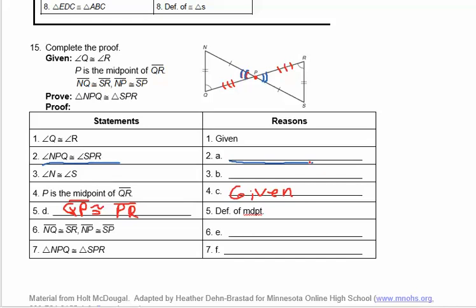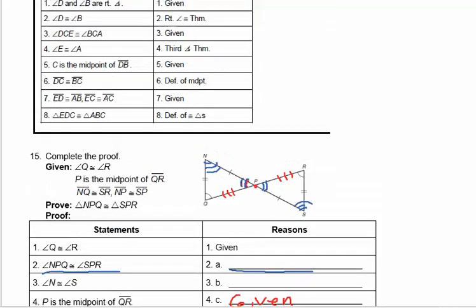That's going to be right here. Angle N is congruent to angle S. How do we know that? If we already have that angle Q is congruent to angle R, and now we just use vertical angles to say that another pair of angles are congruent, how are we able to say that angle N is congruent to angle S? And the reason is the third angles theorem.